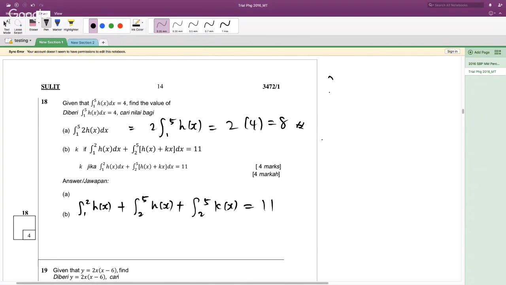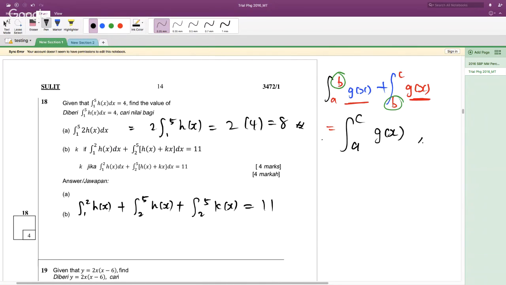You should know something like this: if this is a to b of g(x), plus over here b to c of g(x), whenever they are the same g(x), the b here connects them, so I can say this is a to c of g(x). This is one of the rules in integration, and it applies in my case here. You can see both are h(x), and this is 1 to 2, this is 2 to 5, so the whole thing is 1 to 5 of h(x).